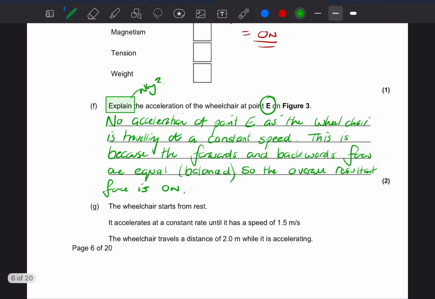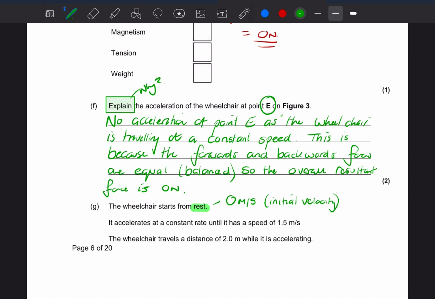The wheelchair starts at rest. Okay, rest. Let me get the highlighter back out. Whenever they say rest, it means 0 meters per second. And that is its initial velocity or initial speed. So its starting speed is 0.